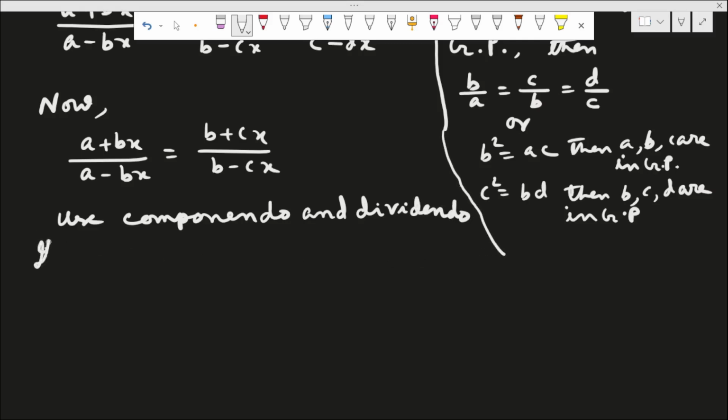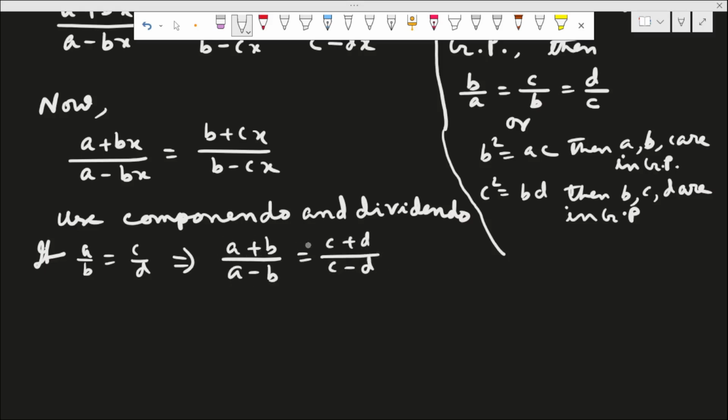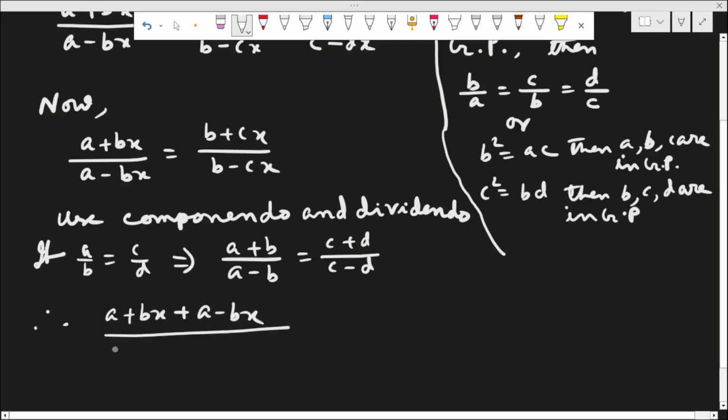That means if A by B is equal to C by D, it implies that A plus B by A minus B is equal to C plus D by C minus D. Or if this is given, we may write this. Therefore, A plus Bx, here B means denominator, has minus.